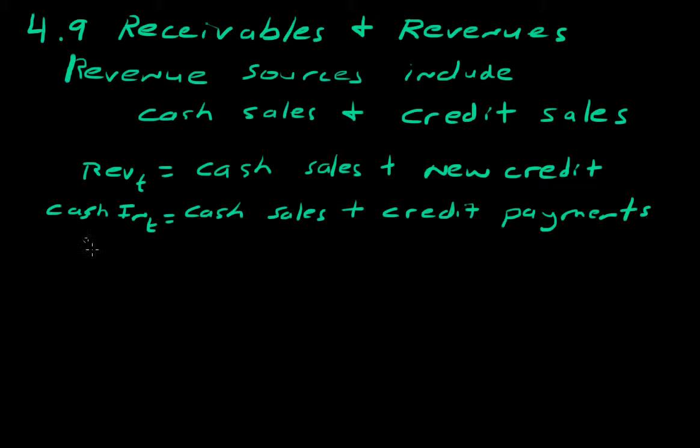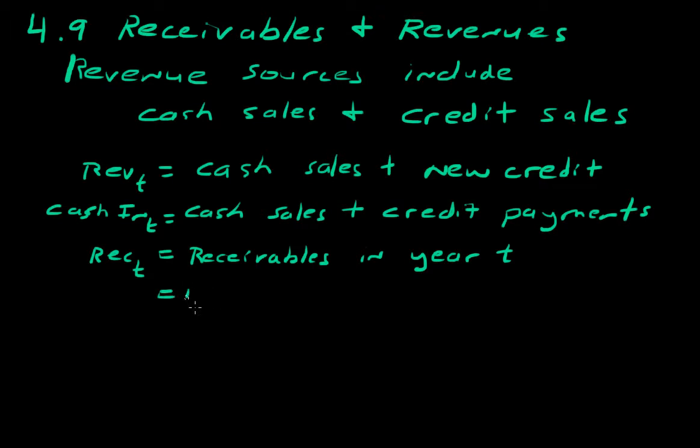The balance on receivables, which we'll abbreviate REC, will simply equal, well, let's define it first. This is the receivables in year T. Note that this is a stock, so we would see this on a balance sheet.